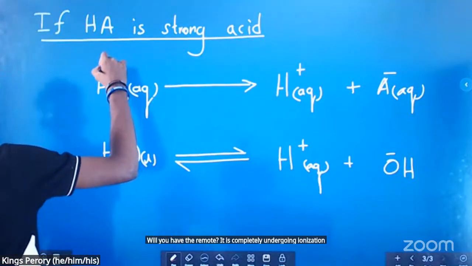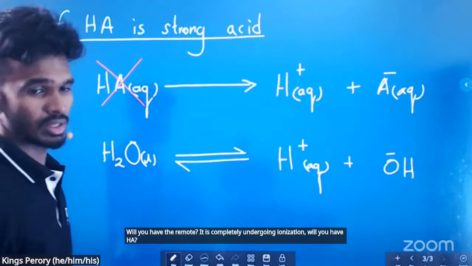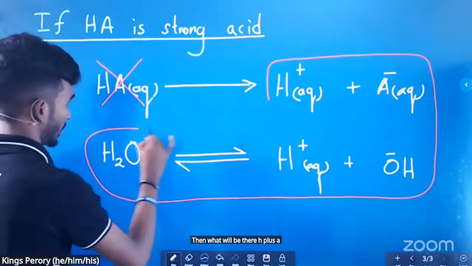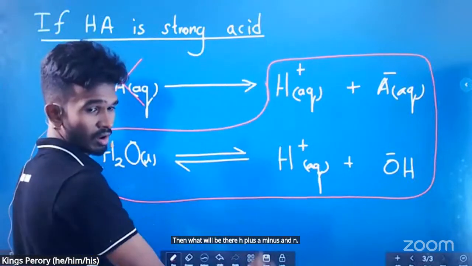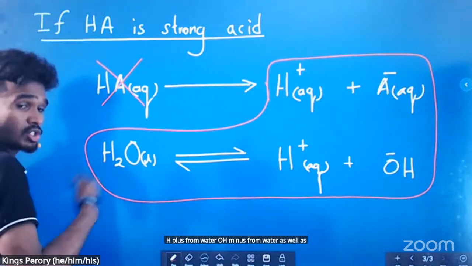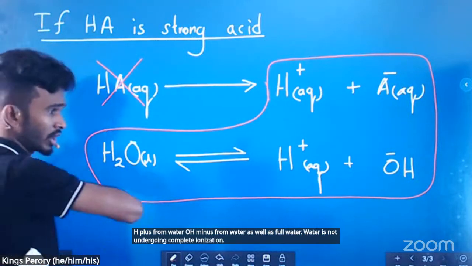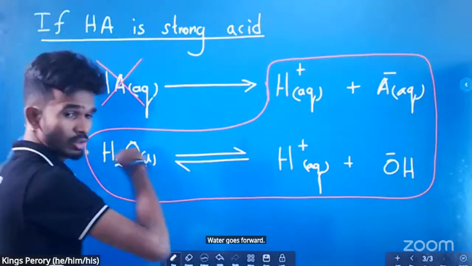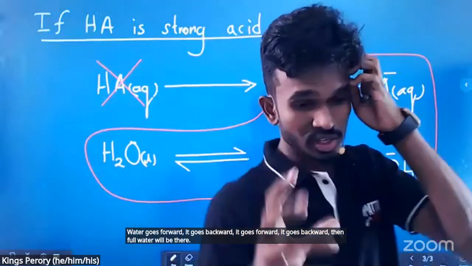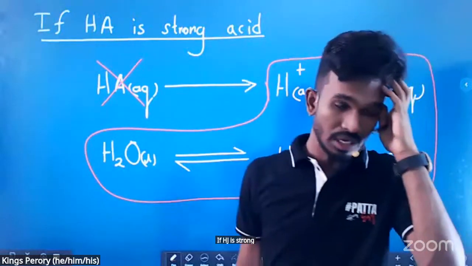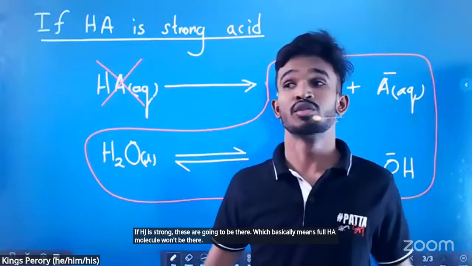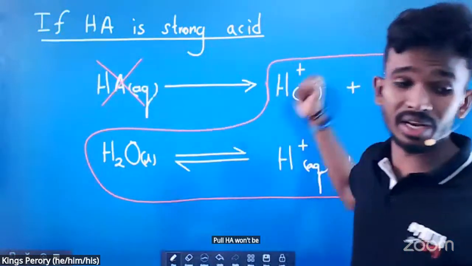Will you have HA? No. Then what will be there? H plus, A minus, and H plus from water, OH minus from water, as well as full water. Water is not undergoing complete ionization. It goes forward, it goes backward, it goes forward, it goes backward. Then full water will be there. If HA is a strong acid, these are going to be there, which basically means full HA molecules won't be there. It undergoes complete ionization.